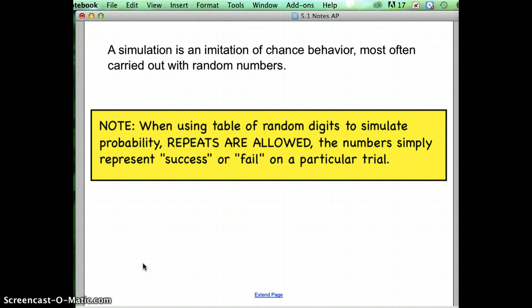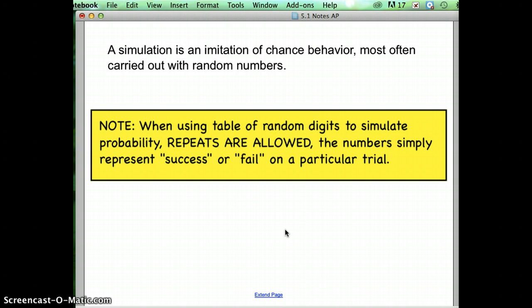The next thing we're going to talk about is how to do a simulation. With simulations, you can do them lots of different ways, but one way we can do it is with a random number table. I'm going to show you an example of that. But here's the thing in yellow that is important. When you're using the table of random digits to simulate probability, repeats are allowed, because these numbers are going to represent a success or fail.